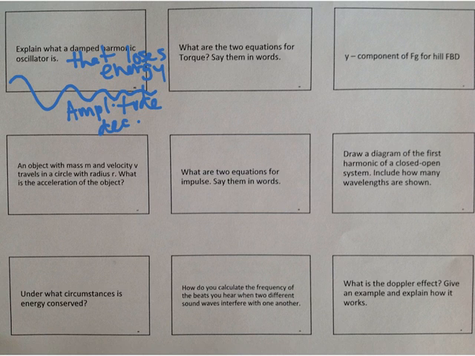Alright, two equations for torque. You have either torque equals the force times the perpendicular radius, or torque is going to be equal to your rotational inertia times your rotational acceleration. Same idea as F equals ma.